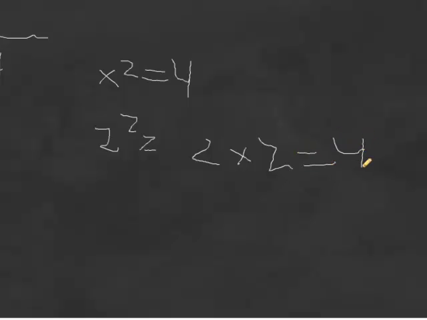With the square root of 4, you're basically saying what to the power of 2 will be equal to 4. We know that 2 is the answer, because 2 to the power of 2 is equal to 2 times 2, which is equal to 4.